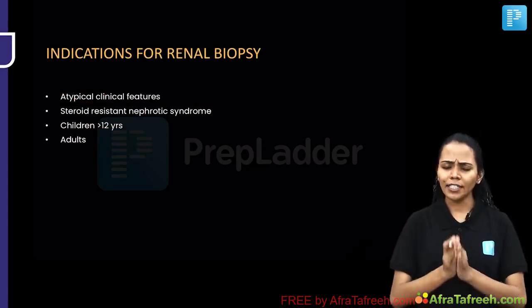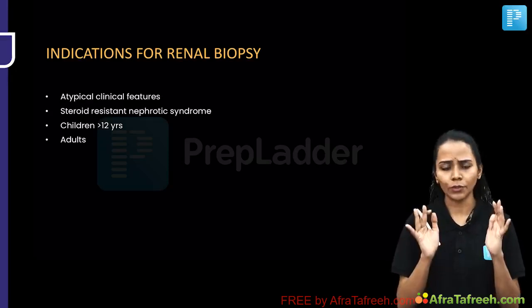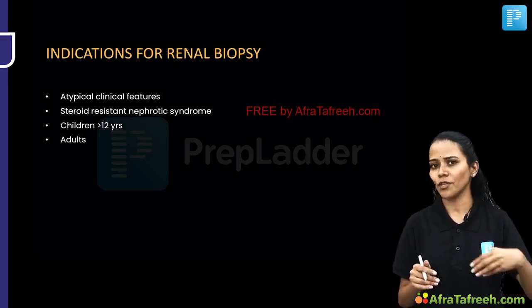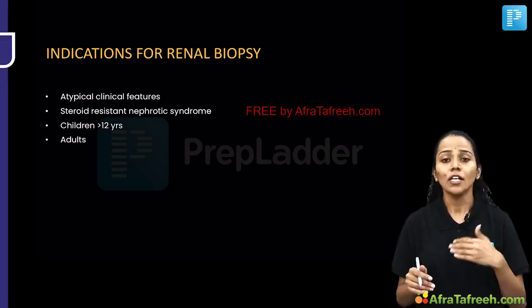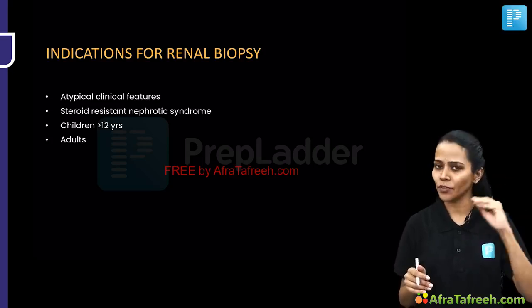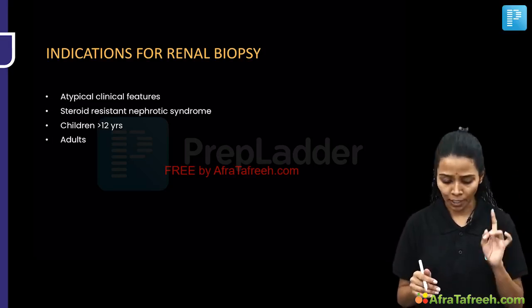Now, in a child who is coming with nephrotic syndrome, it is not always necessary to do renal biopsy because mostly we know that in 80% of cases it is because of minimal change disease. So there is no need to do because we know the response to steroid is excellent. So we just directly start steroid. But in few cases we do renal biopsy.